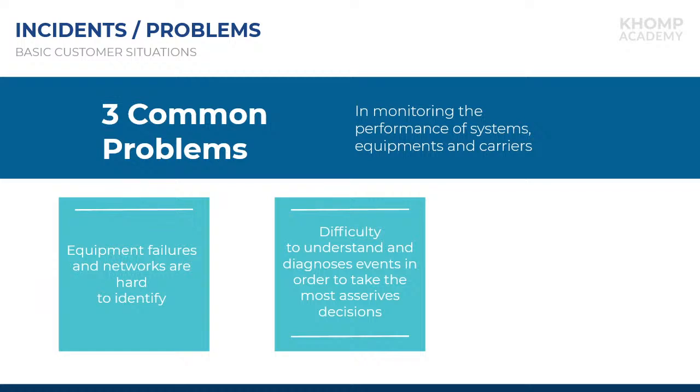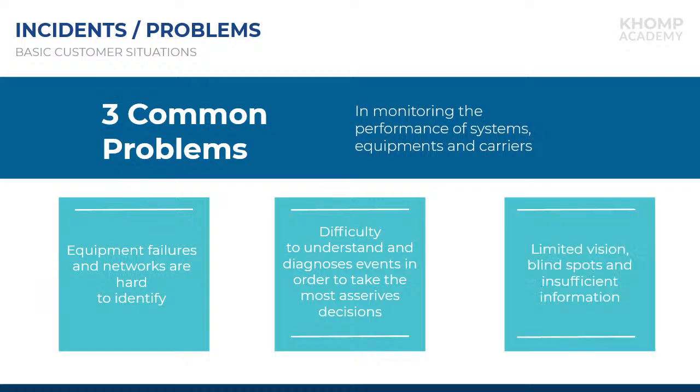The idea at the end of the day is to make the most assertive decisions. As I said before, limited vision, blind spots. Some people never saw detailed, really deep performance indicators of their network.